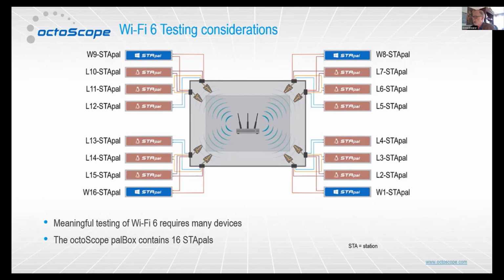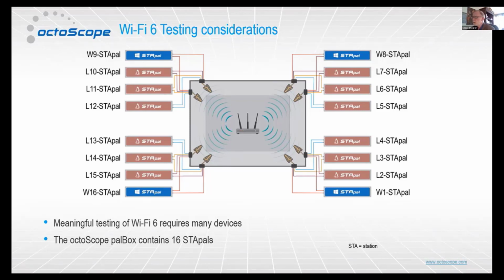These are physically individual stay pals. They run on a Pico ATX board. We make use of the Intel AX200 receiver, and we have different flavors of Linux and Windows. We also group them in 4 groups of 4.